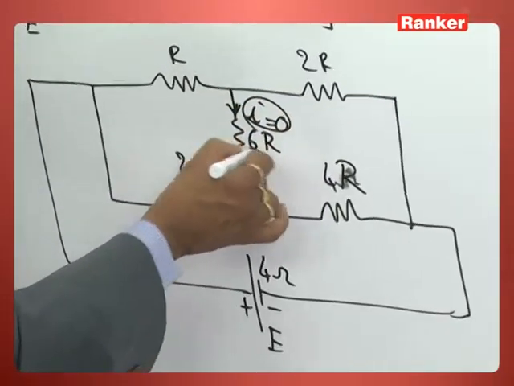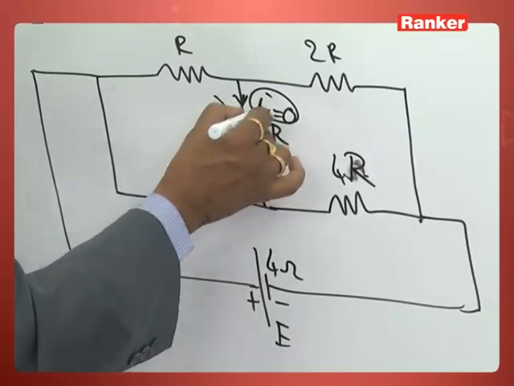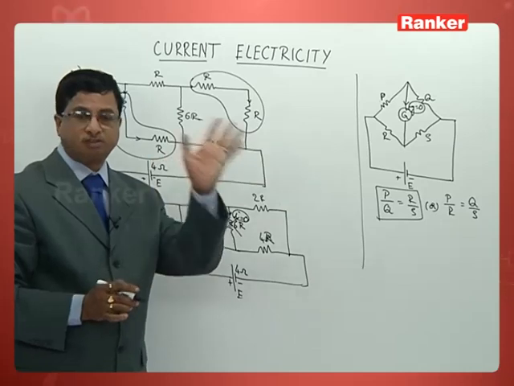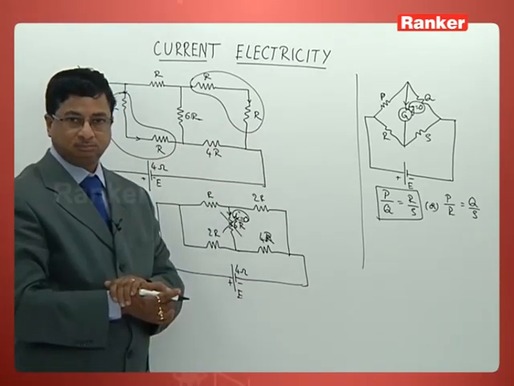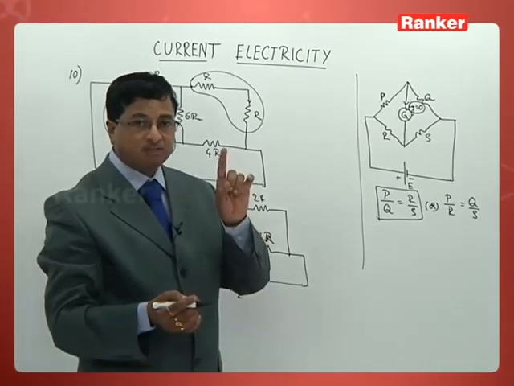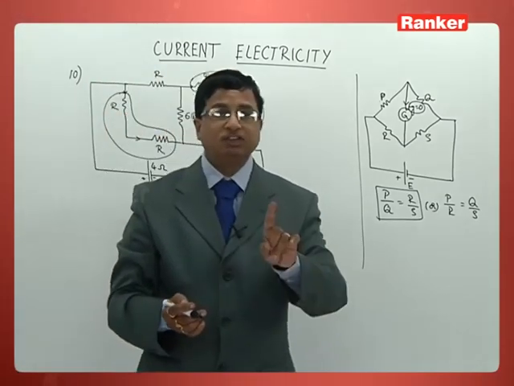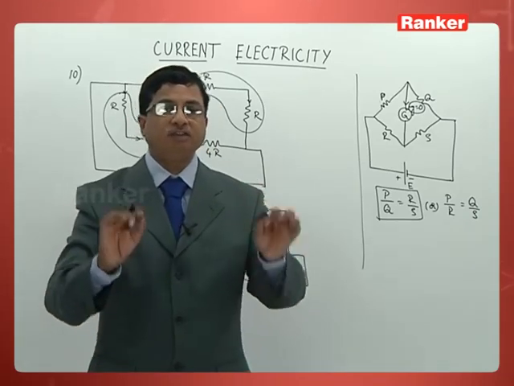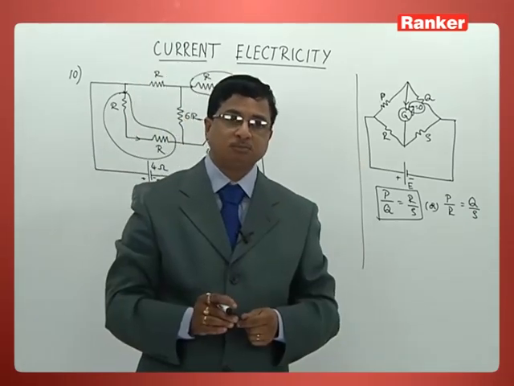When current across this resistance is 0, that resistance is of no use for us. Remember this point carefully. When a resistance in a circuit is not carrying current, that resistance is a waste resistance for us.